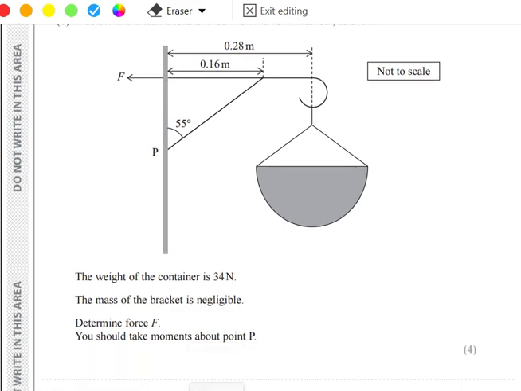We need here to find the moment for two forces, the weight, from the pivot, this is the perpendicular distance, and the force F here has its own perpendicular distance.